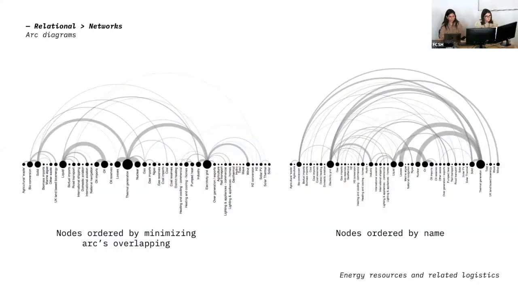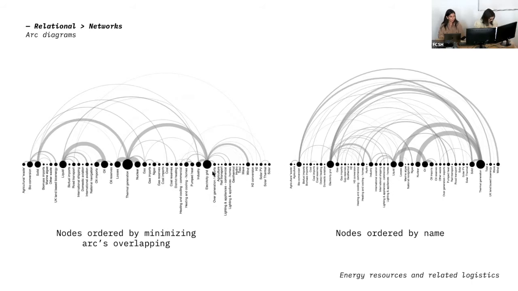So this is an arc diagram. An arc diagram allows us to see relationships among nodes. So these are the nodes, as we saw on the previous chart. The nodes could be displayed in a different order.